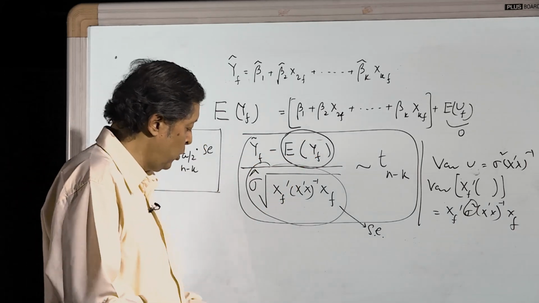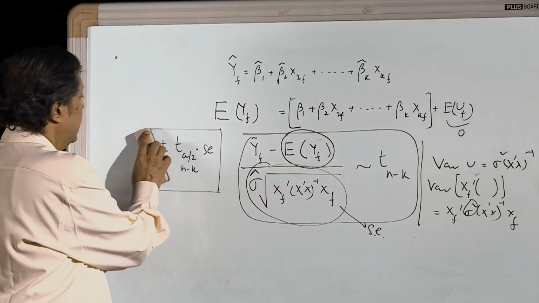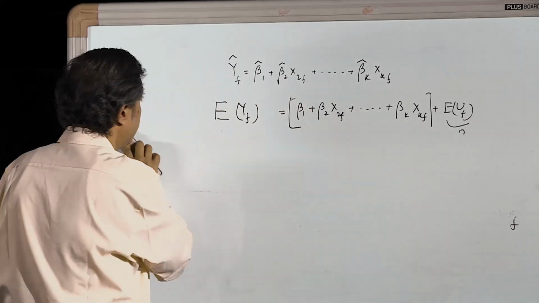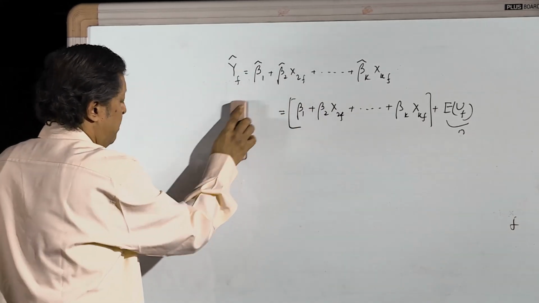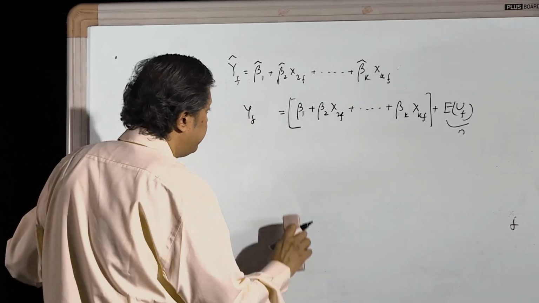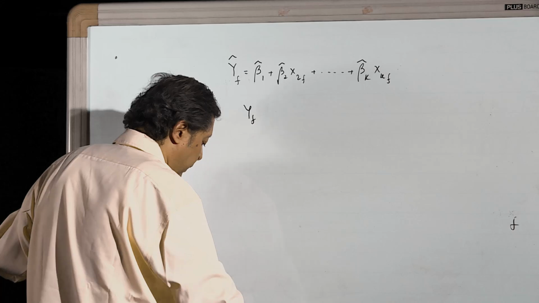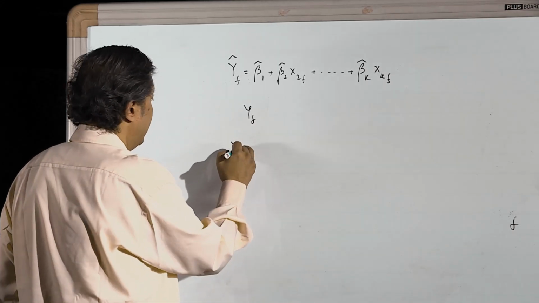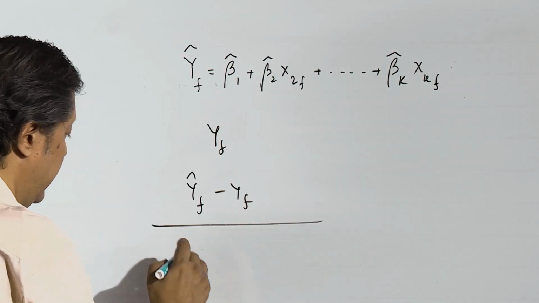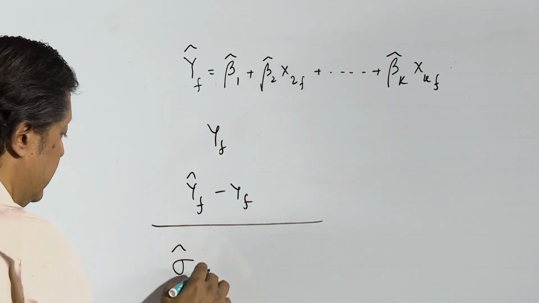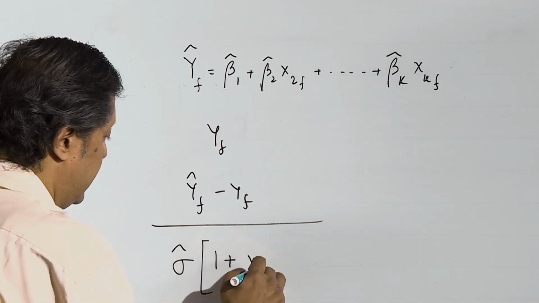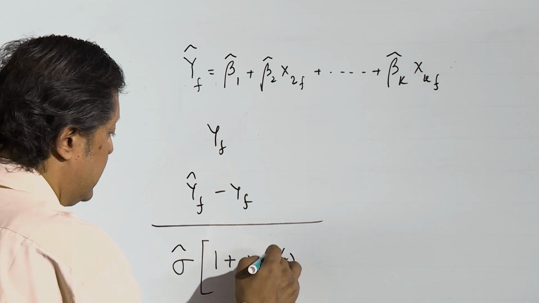One small thing before we end this module: if instead of the expected value of yf, we are interested in predicting yf itself, then the formula gets modified and we write y hat f minus yf divided by sigma hat as earlier, times the square root of 1 plus x f prime x prime x inverse x f.